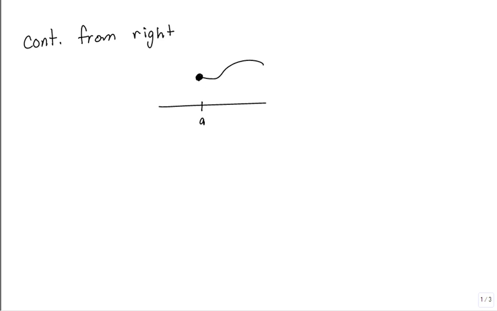There's A. So you're coming in from the right, approaching that point. This is not continuous from the right. Okay, the limit exists, but the point does not. So you can also talk about continuity from the right and the left.